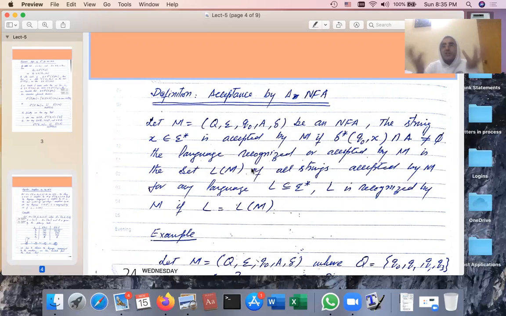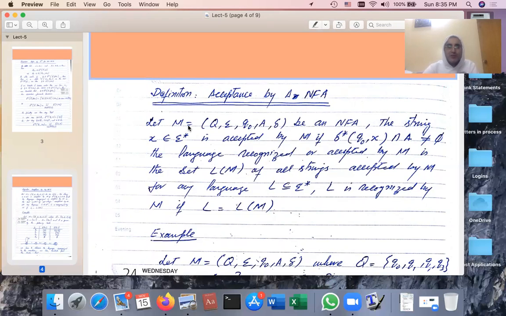The definition is the same. You can just repeat that definition for the NFA, because we have to be clear about what is meant by acceptance of an NFA. So you should give your sentences or statements in this regard.